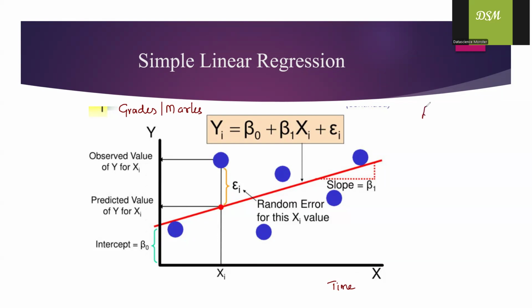So for this, I can go ahead with linear regression. So what am I trying to do here? I'm trying to build a mathematical relationship between time and marks.